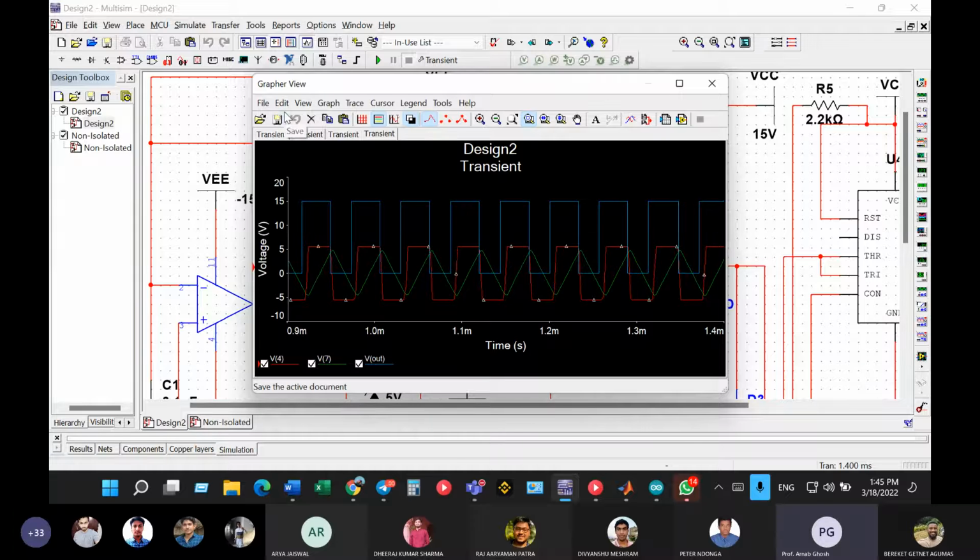I'm not audible. Am I audible from your end, Barket? Now it's audible. Okay, I'm asking you, what is the frequency of the triangular waveform?